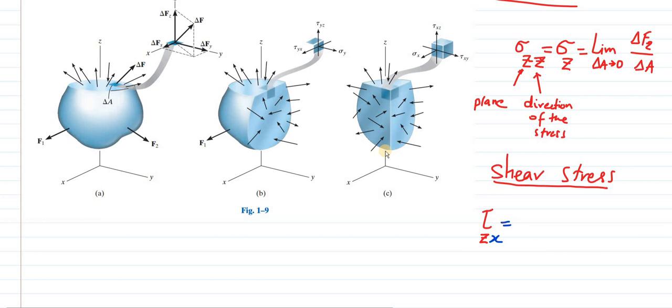It will be defined as the limiting value, when delta A tends to 0, of this fraction, delta Fx, the x component, divided by delta A. So the limiting value of delta Fx over delta A when delta A is so small that it approaches 0, this is how we define tau zx.